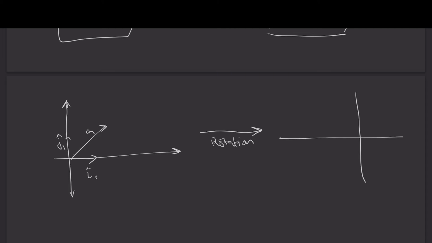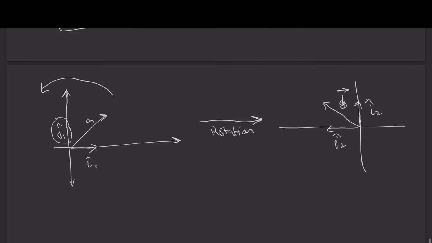So this A vector now will look something like this. Let's say it's a B vector now. It is rotated 90 degrees in the anti-clockwise direction, and J1 will be here now, and I1 cap will be here now. Let's call them I2 cap and J2 cap.